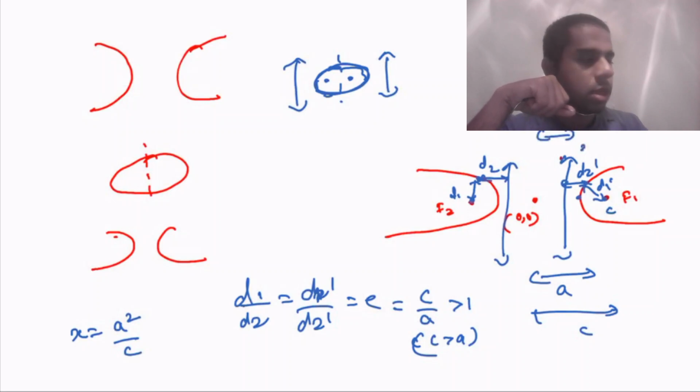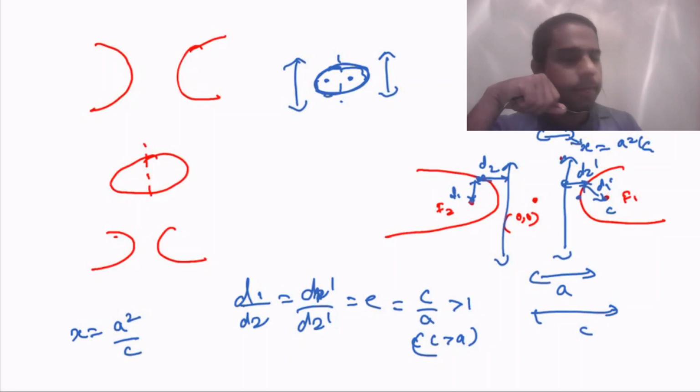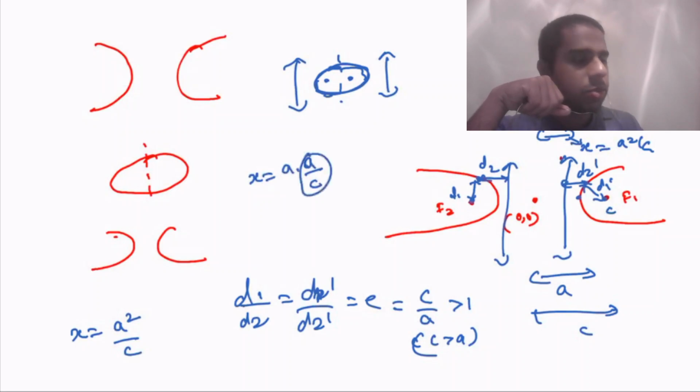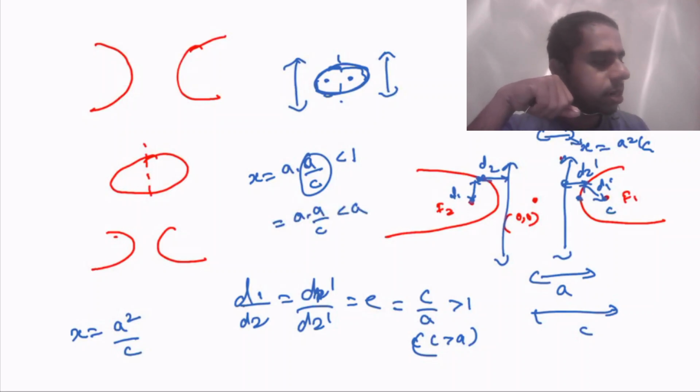That is x equals a into a by c. Since c is greater than a, a by c is less than 1, and when you multiply a quantity by a number less than 1, the result is less than the original. So a into a by c will be less than a. This is the distance a, and this is the distance a square by c.